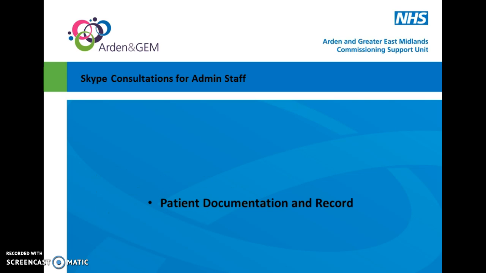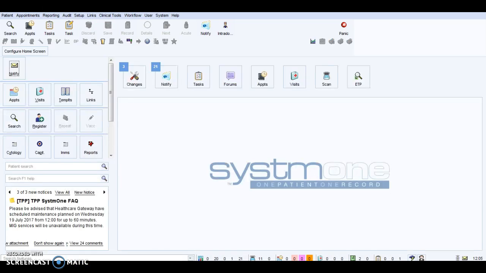To begin with, we're going to look at the patient documentation and the patient record within SystmOne. Within the GP practice themselves, the practice will have their own policy in place and their own versions of the Skype consultation patient consent forms.